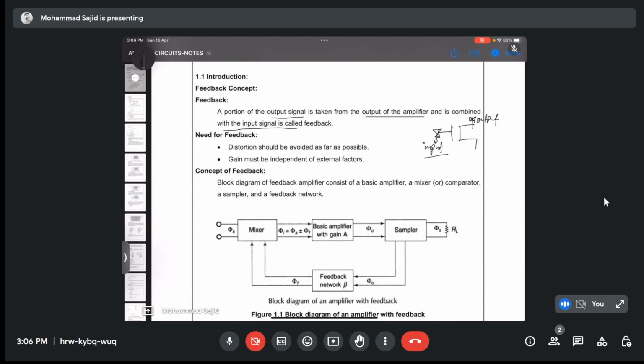And why do we need the feedback? Because we want distortion in our circuit to be as low as possible. We will see how it helps in distortion. And also, the gain must be independent of external factors. External factors include environmental change, temperature, stress, strain, these kind of things.